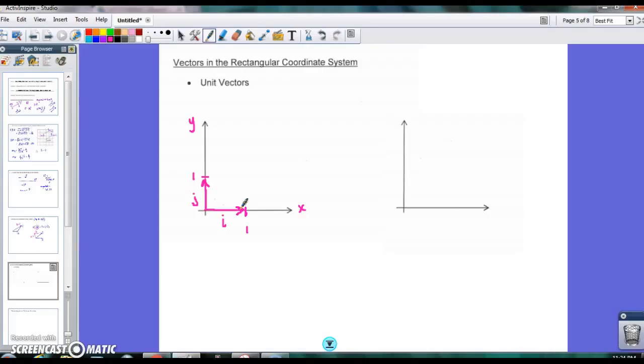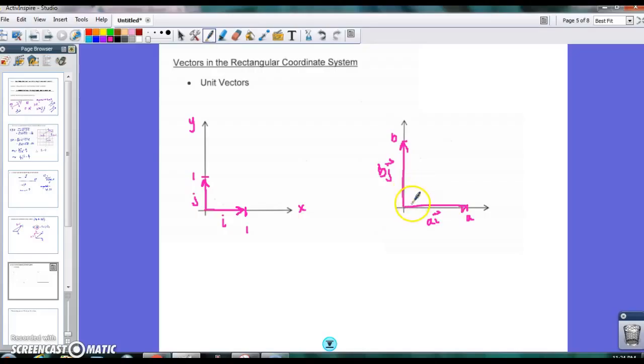So if I had any other distance, so let's say this was a, then this distance right here, if that line were totally straight, would be ai, which is just a times i. So a is the scalar multiple of i. And then if b was here, then this distance here would be bj. So b is your scalar multiple of j.